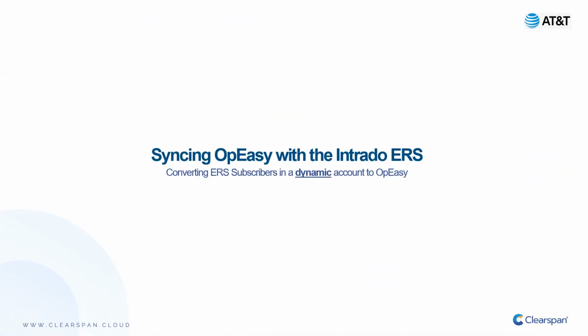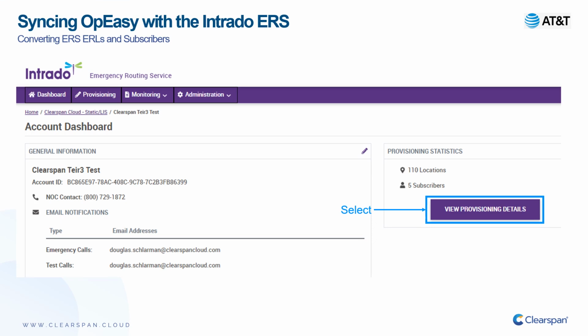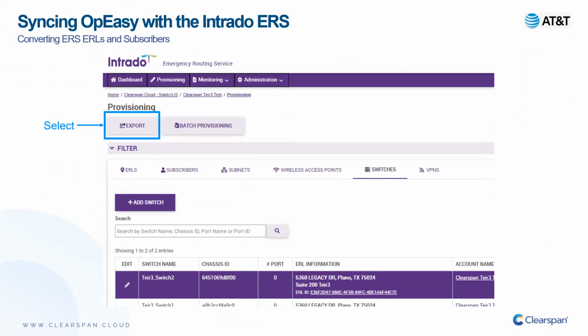The following will provide a step-by-step process for exporting the data from Intrado ERS and importing it into HVS via OpEasy. On the Intrado ERS portal, go to the provisioning details. Select Export.